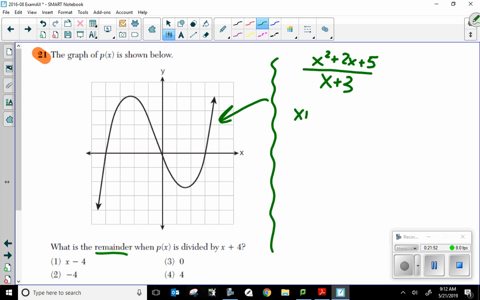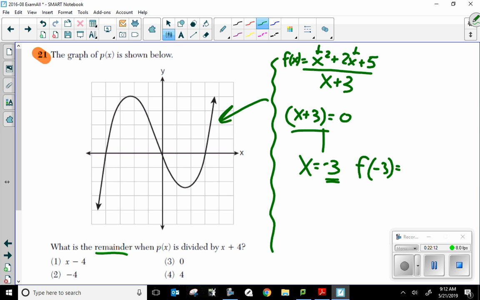I can take my x plus 3 and solve it, and my answer would be x equals -3, right? That means I can take -3 and plug it in for all these x's. Let's say this was f of x, and I'm going to divide it by x plus 3. I can take f of x and put a -3 in there, and whatever the answer is, that's my remainder.